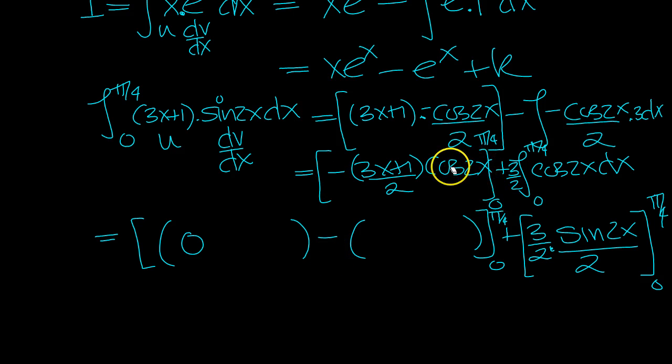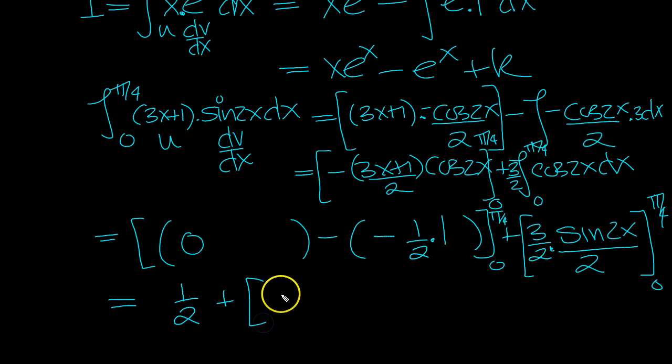I've put 0 in now. Cos 0 is 1, and we get minus a half times 1, because x is 0. So minus 1 over 2. Okay, so what do we get then? We get plus a half.